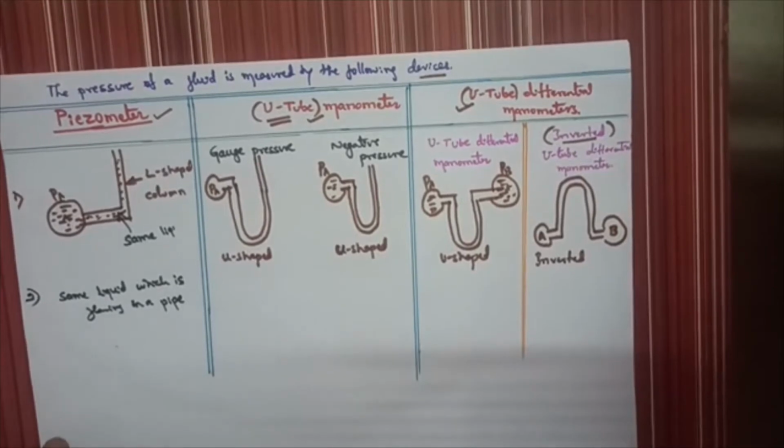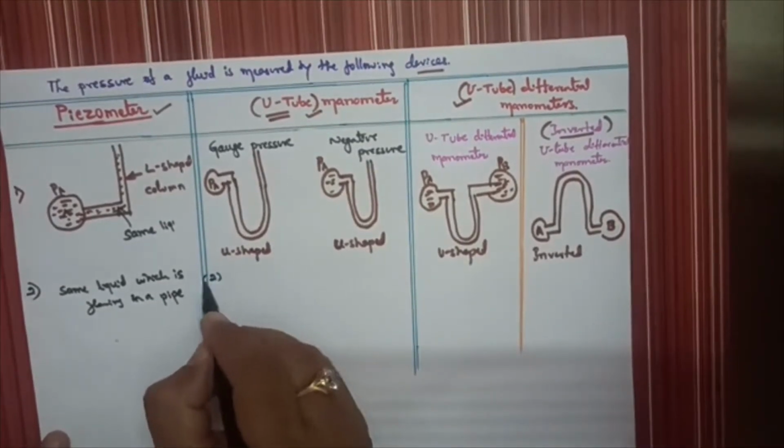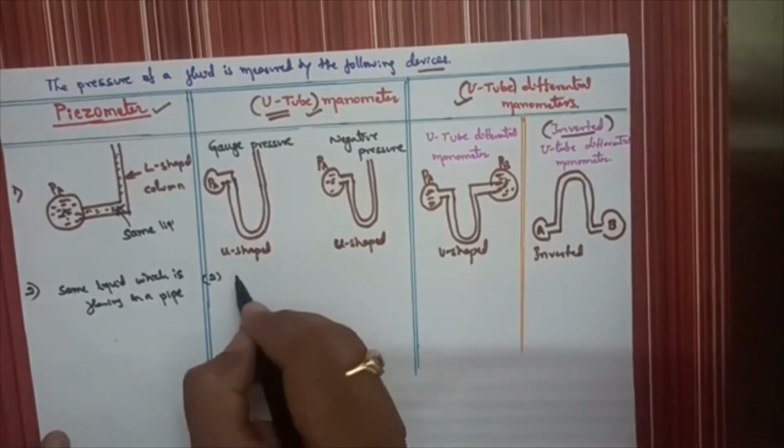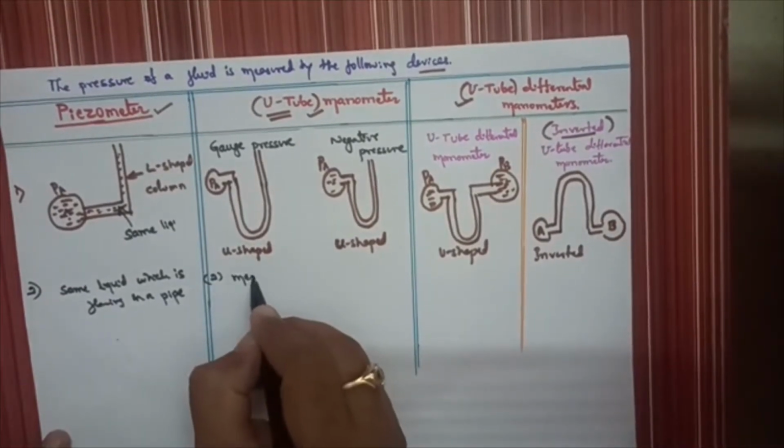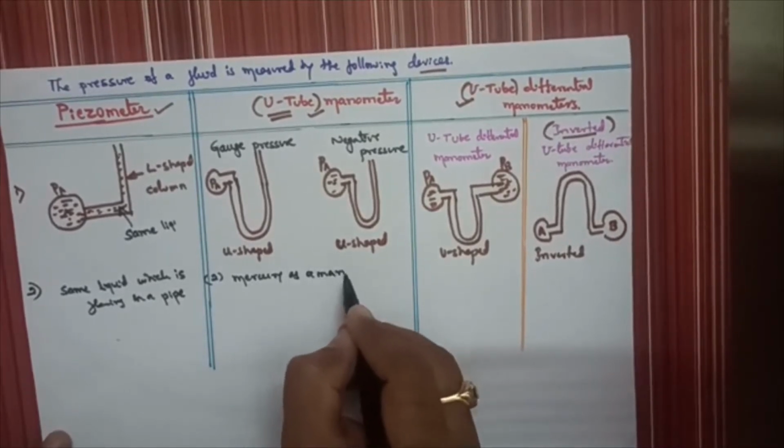That is the piezometer. But in the U-shaped manometers, you will be using mercury as a manometric fluid.